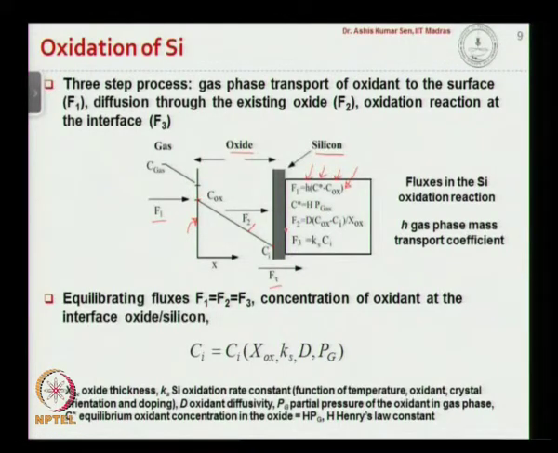Now C star can be thermodynamically expressed as H into the partial pressure of the gas phase, and H is called the Henry constant.